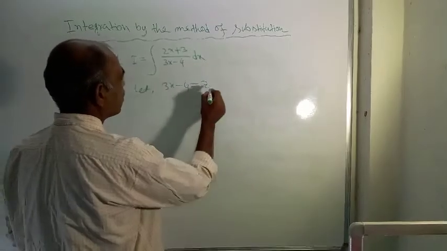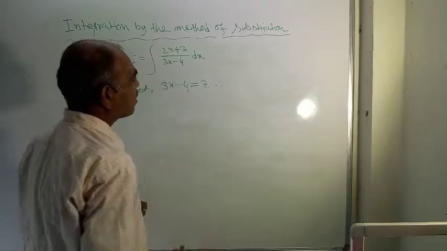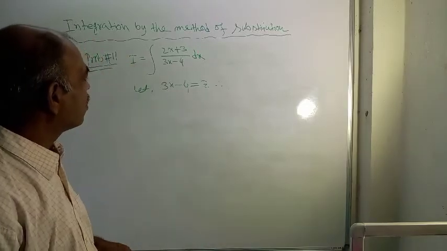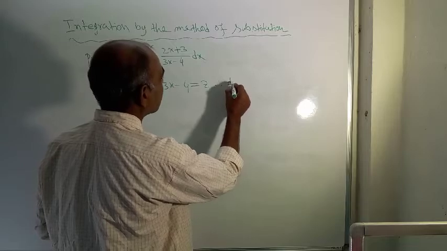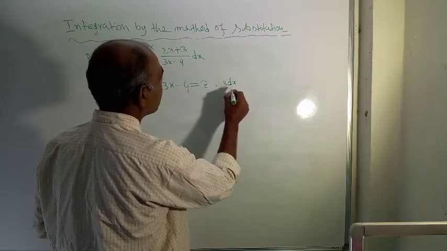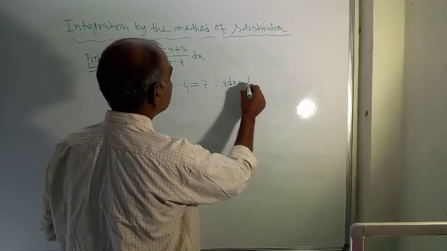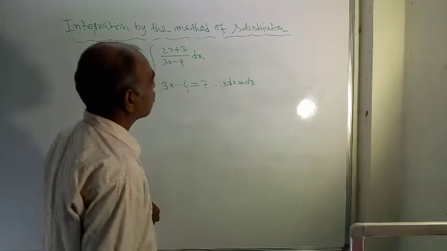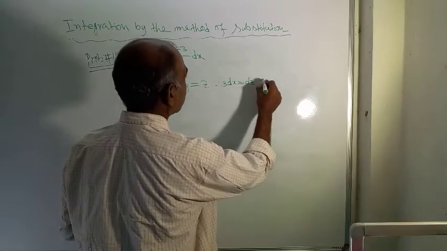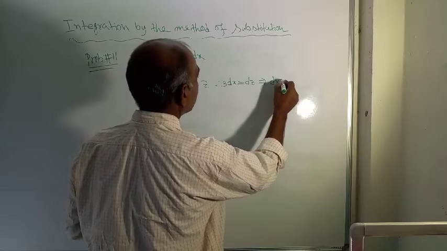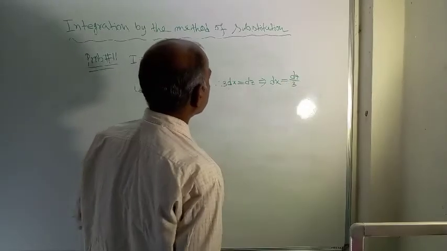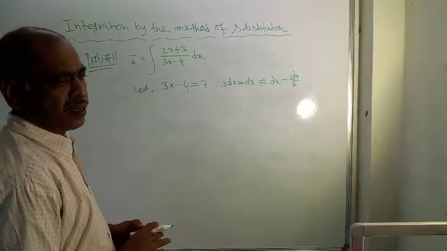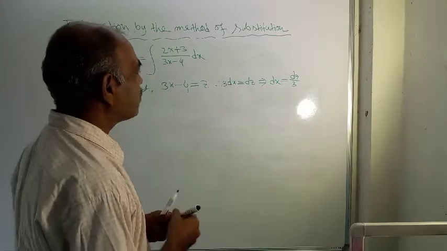Then on differentiating both sides of this equation, you will get 3 dx equal to dz, from where we get dx is equal to dz by 3. Dx is equal to dz by 3.